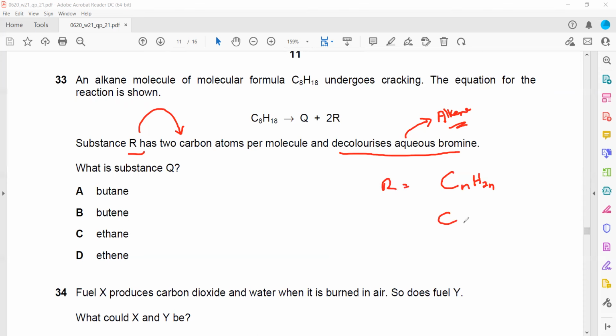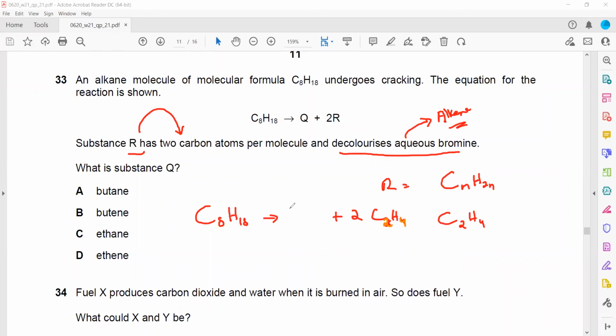So n equals 2, so C2H4. This means the equation will be C8H18 gives Q plus 2R, and R is C2H4. Now we have to find the formula for Q. How can we work out the formula of Q?